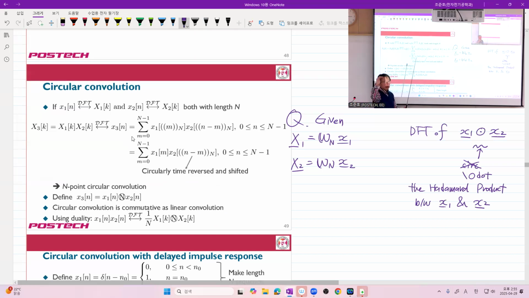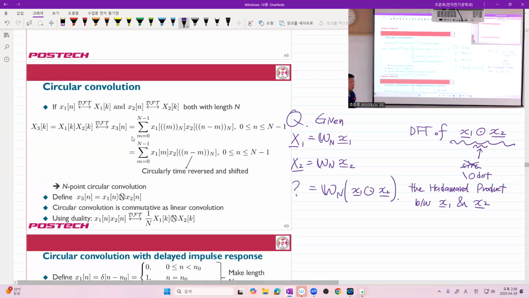You have entry by entry multiplication, not the inner product. So you still have a length N vector. So we are asked, what is this in terms of capital X1 and capital X2?